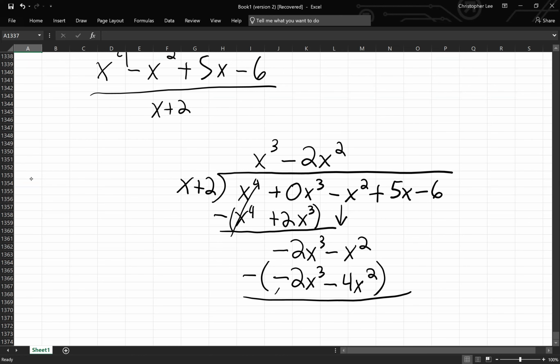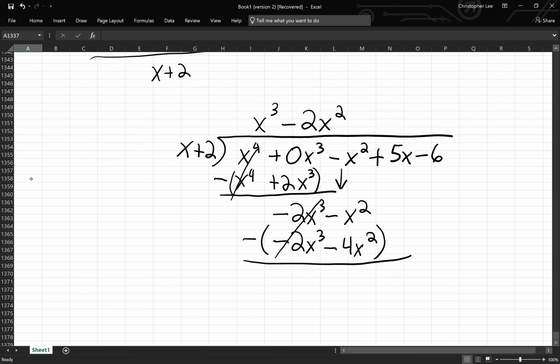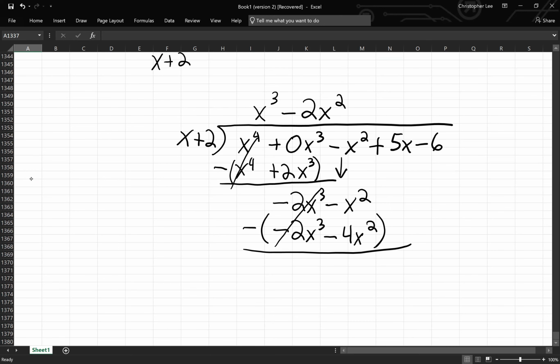So now, what am I left with? These cancel out. Negative x squared minus a negative 4x squared is going to give me a positive 3x squared. Now we want to bring down that positive 5x. Now x goes into 3x squared, 3x times.